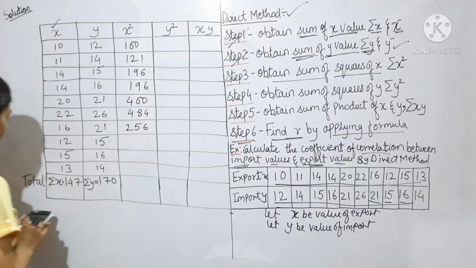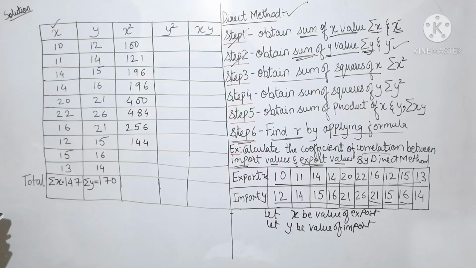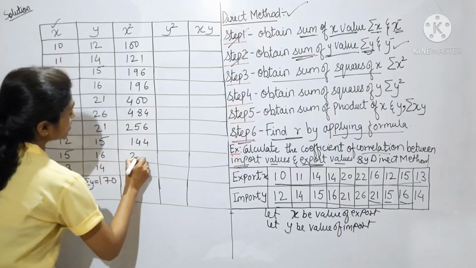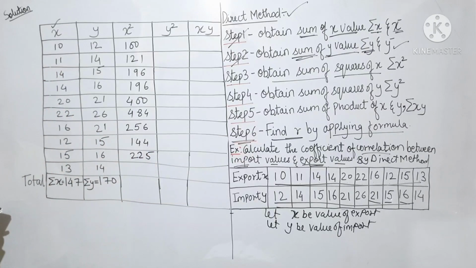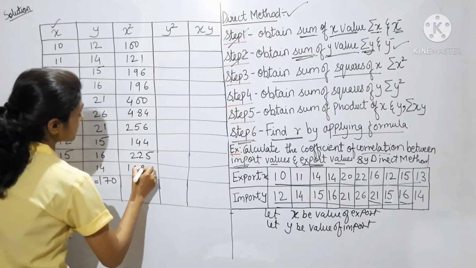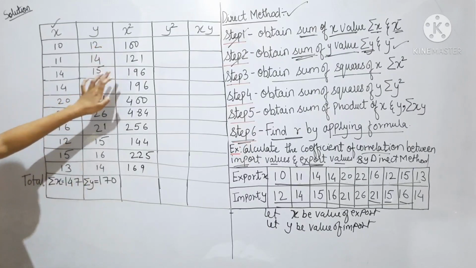Square of 12, 144. Square of 15, 225. Square of 13, 169.